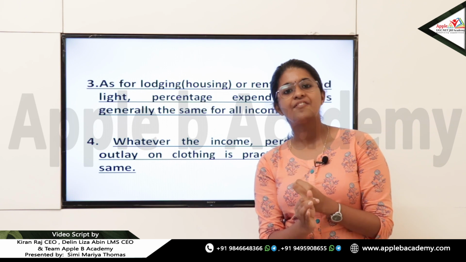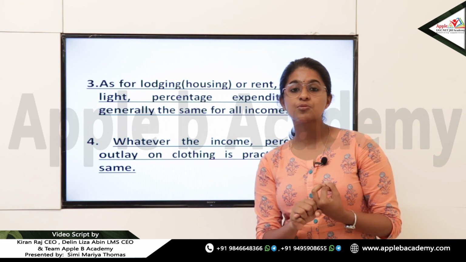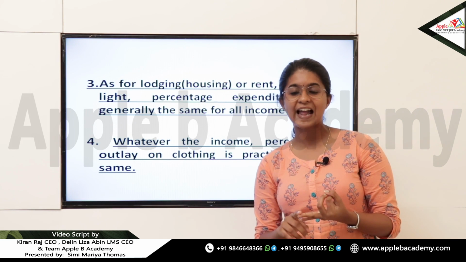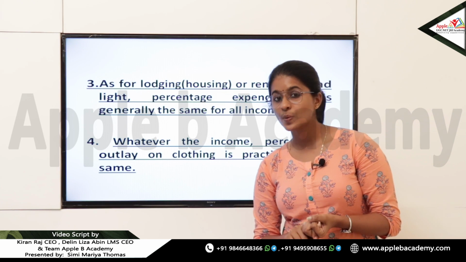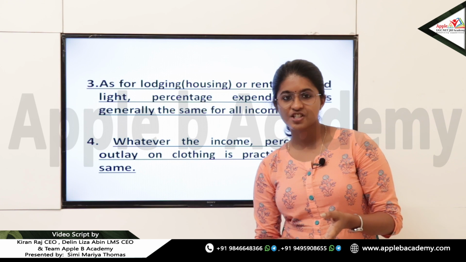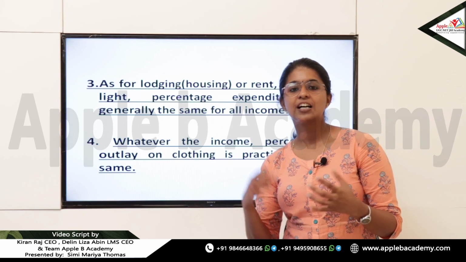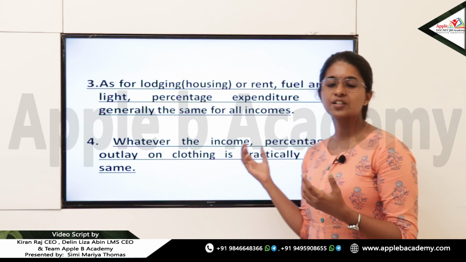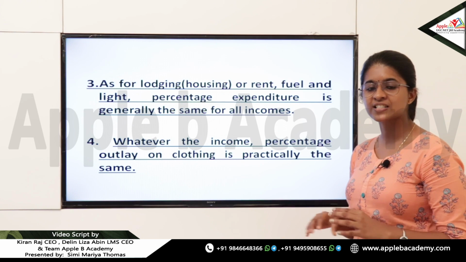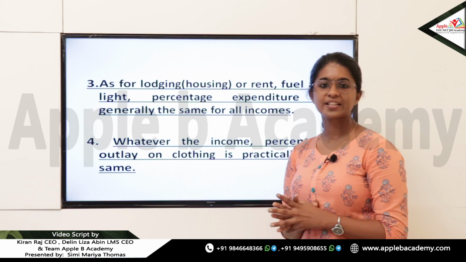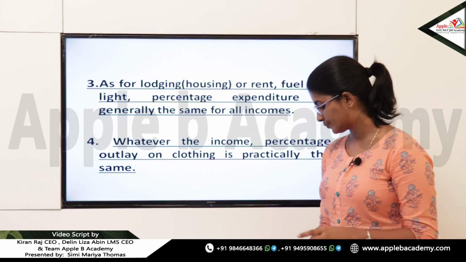Second, when income increases, the consumption of luxury goods, education, health, recreation facilities, etc. increases. Another point: whatever the level of income, the consumption of fuel, light, housing, rent or clothing remains the same. These are the conclusions that can be drawn from Engel's law.